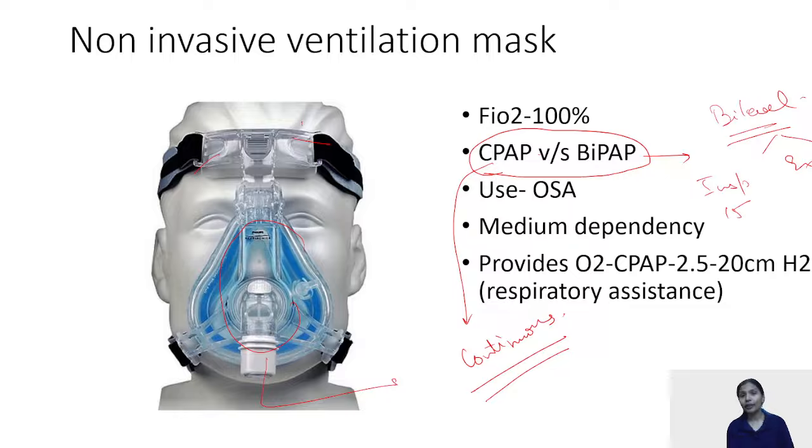But in bi-level, we have two different kinds of oxygen pressures that are being delivered. In inspiration, we have a higher one like 15. In expiration, in order to avoid basal atelectasis, we have around 6 or 7 centimeters of water pressure.